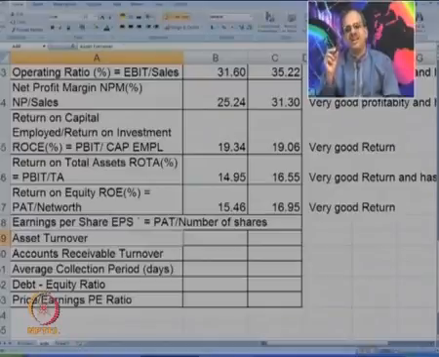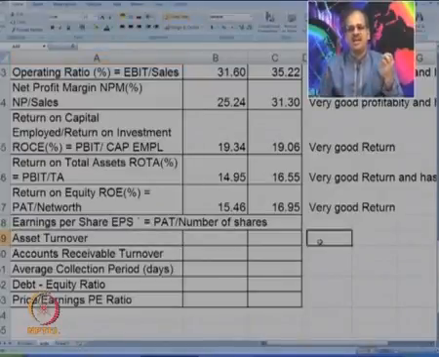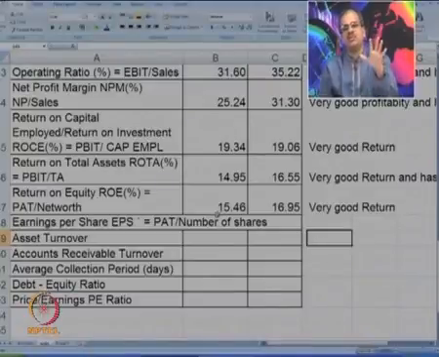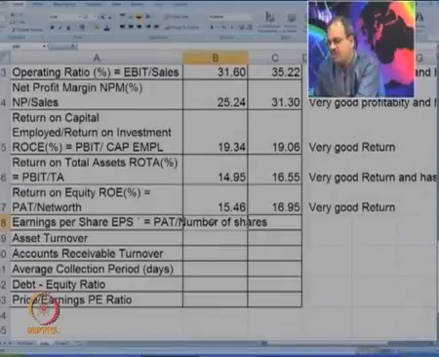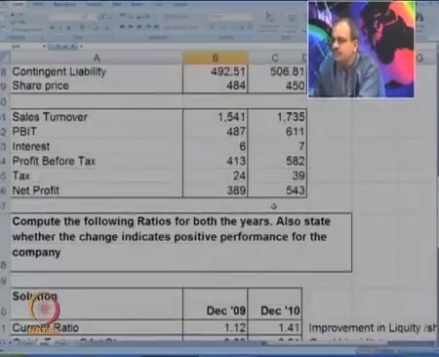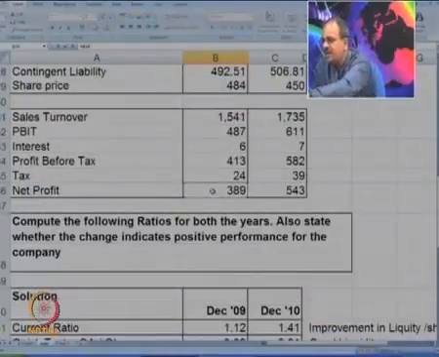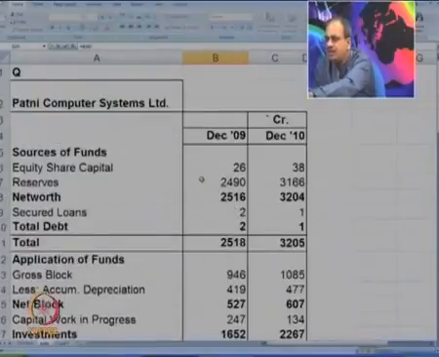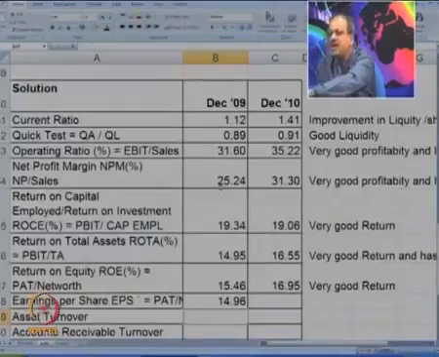So, number of shares actually tell you how many shares are there in the company, and we take the total profit and distribute it to every share. So, you can take NPAT again and divide it by equity capital.